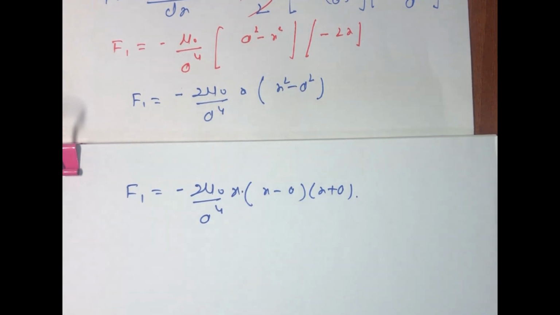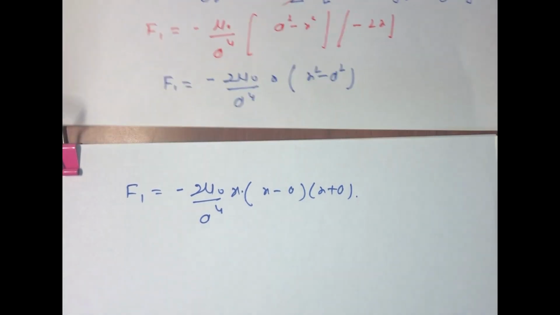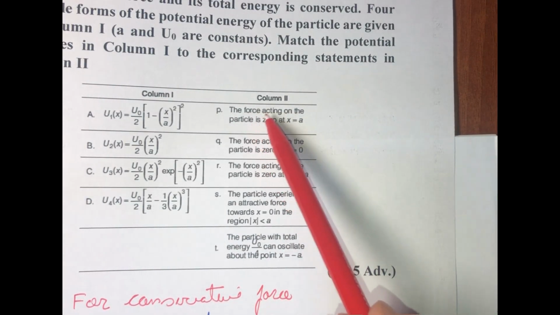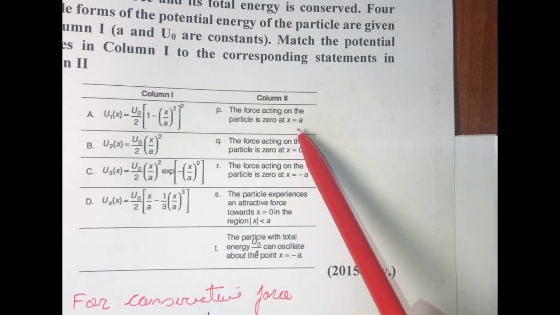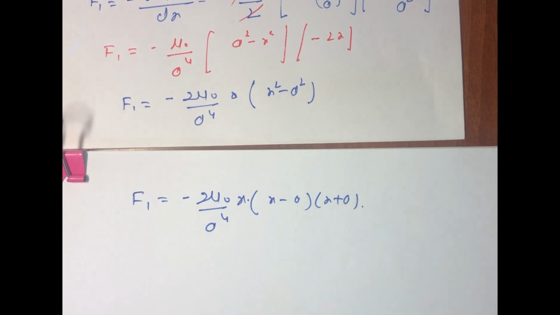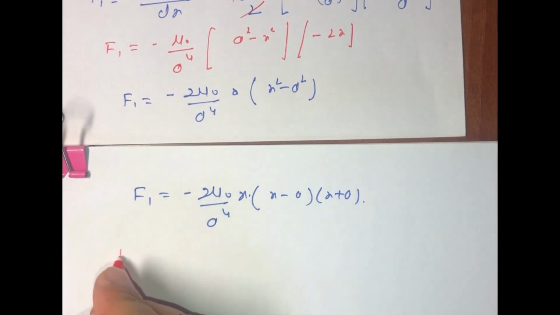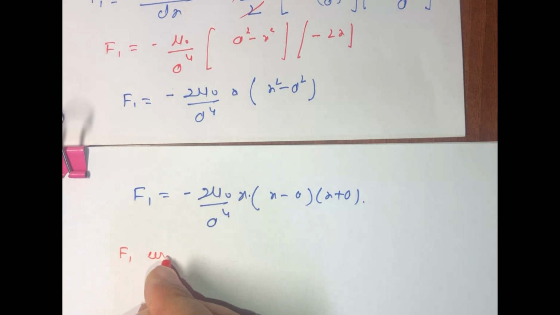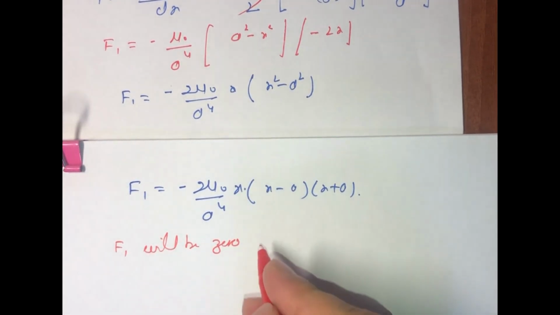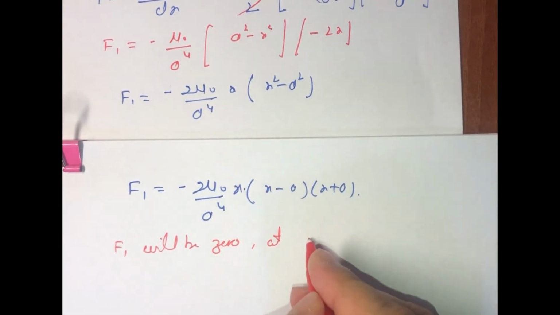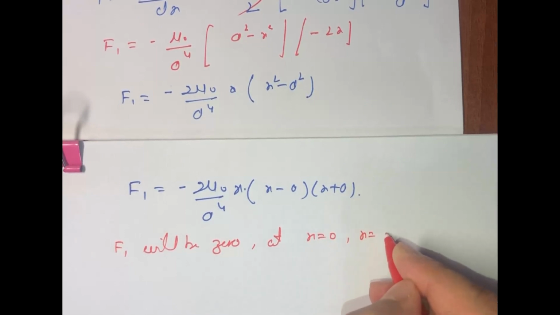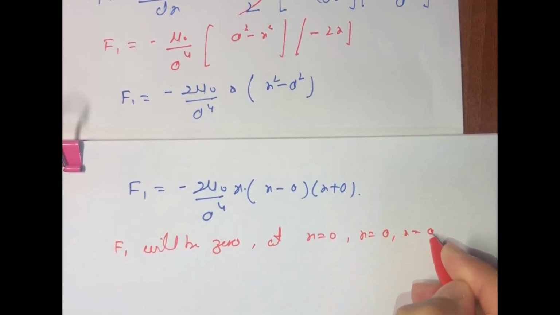So if we see all the options, we can clearly see that it is trying to find out where the force will be 0 at various values of x. From this equation you can say F1 will be 0 at x equal to 0, x equal to a, and x equal to minus a.